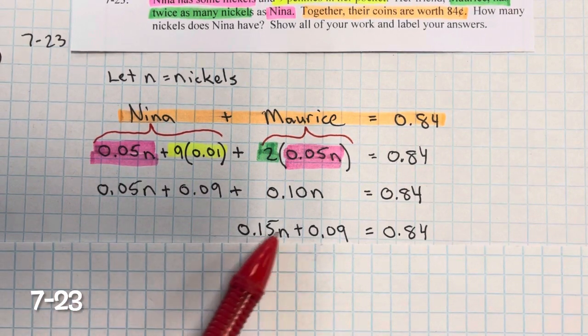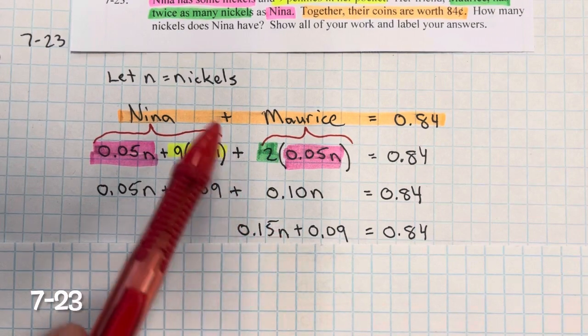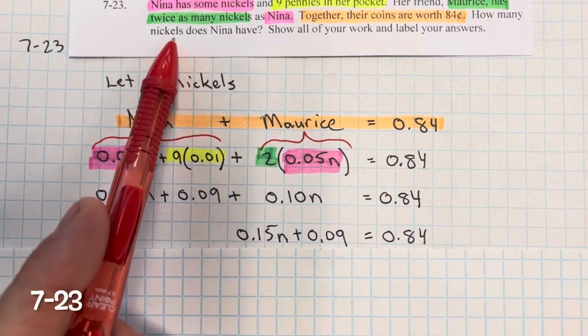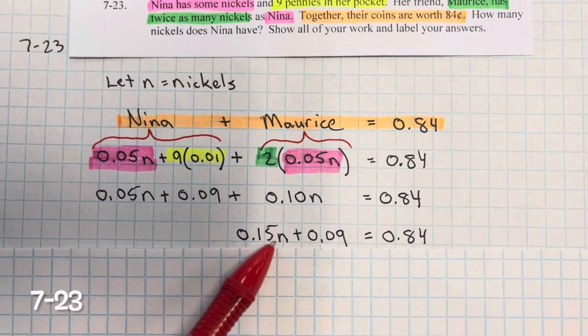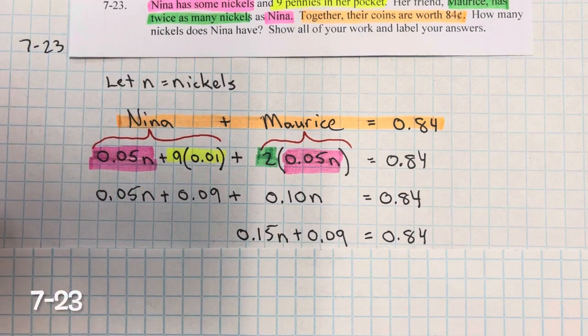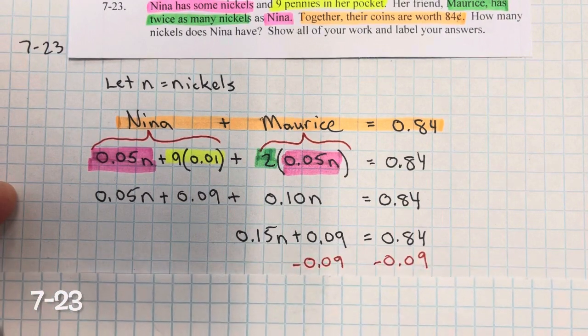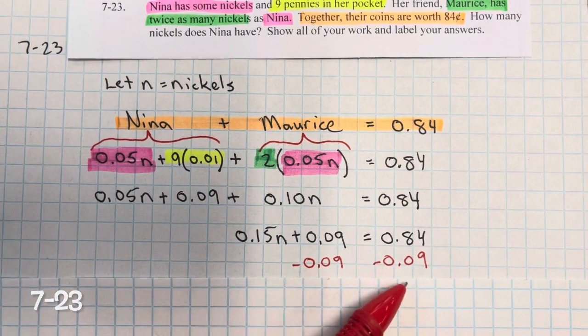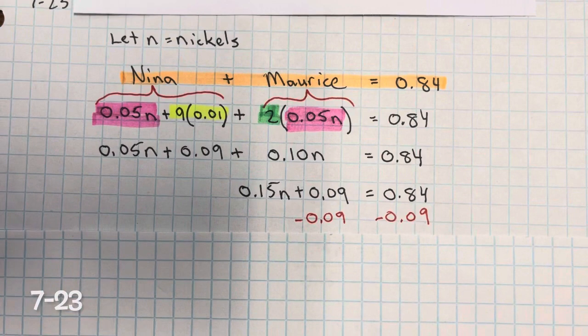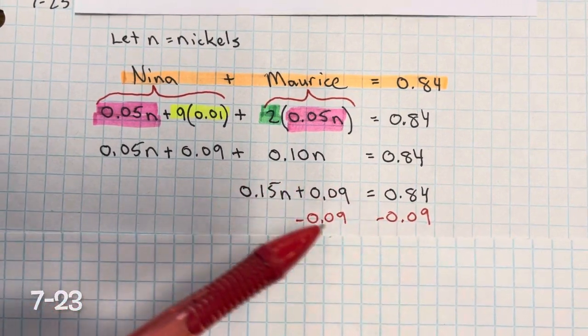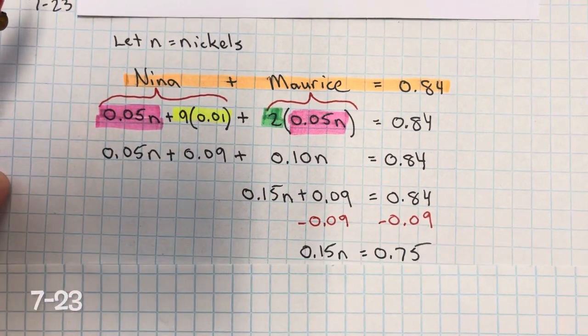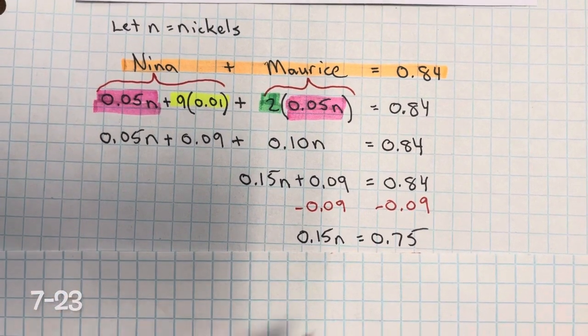So now we want to get n by itself. We want to know how many nickels Nina has, so that's what n represents, nickels. Inverse property of addition is subtraction, so we're going to subtract 9 hundredths from both sides, and we get 84 hundredths minus 9 hundredths equals 75 hundredths.